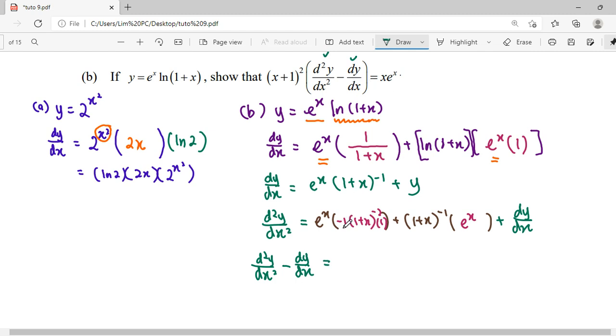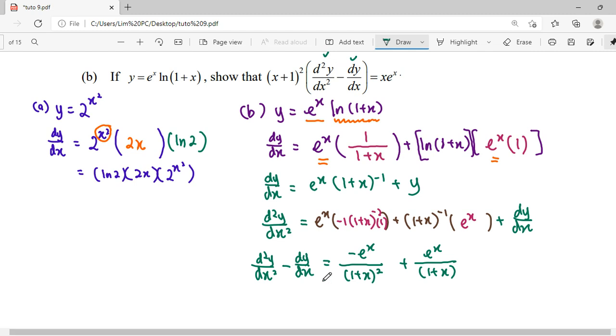So for this, negative 1 times 1 of course will give us negative ex. And then power negative 2 will go down as denominator squared. For that part, plus ex over 1 plus x. So what else do we need to obtain?